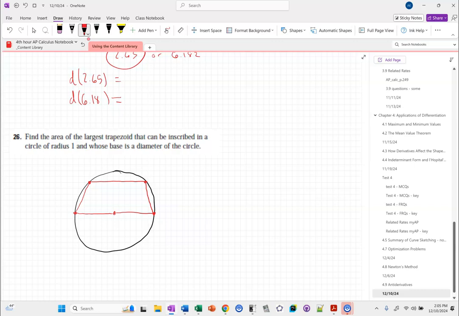Do you remember the area formula for a trapezoid? Base 1 plus base 2 over 2. Yep. So the height.